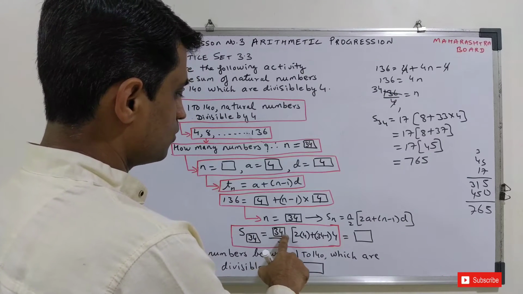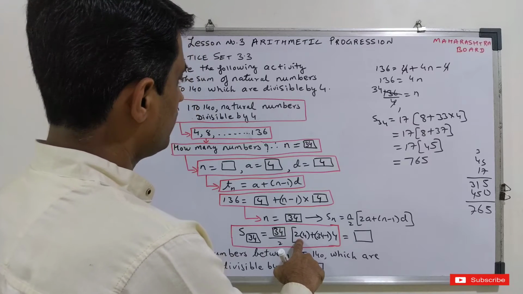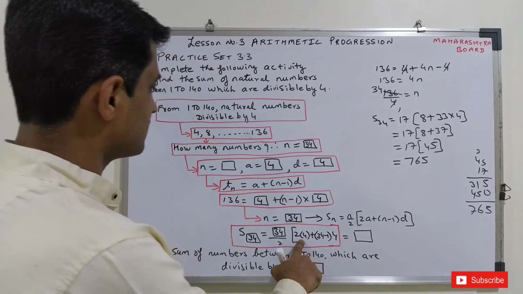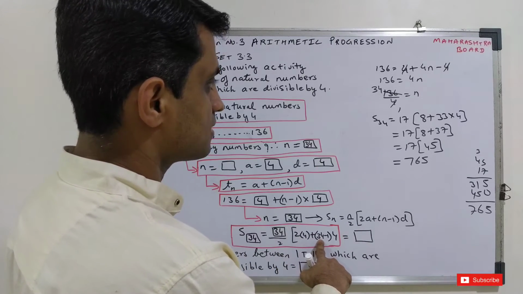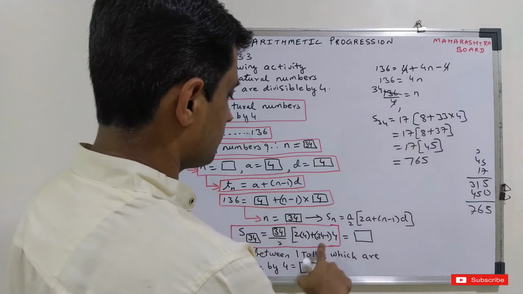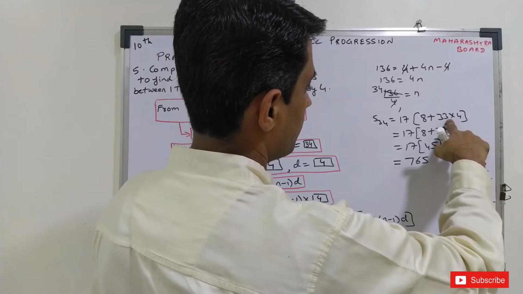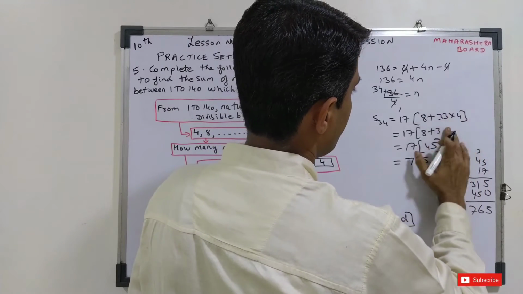Two ones are 2, 2 sevens are 14. 2a plus n minus 1 into d. 2a, what is our a? Our a is 4, correct? 34 minus 1 means 33 will come. 4 3s are 12. Here a mistake is done. 4 3s are 12.